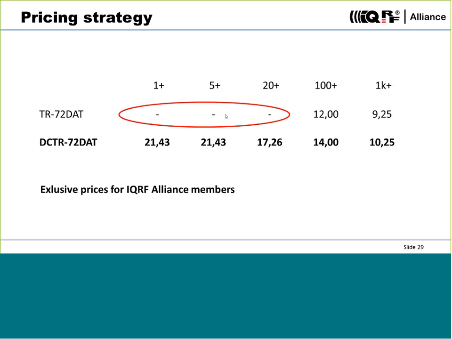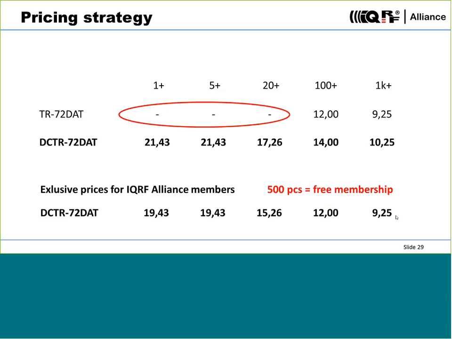By the way, when we are talking about prices, the IQRF Alliance members have a special price. The special price is basically equal to the standard price of the TR modules. So here you can see the difference if you are not a member. Those are these prices, and if you are a member, then you have 2 euro less on the modules. And if it's 1K plus, the difference is 1 euro.